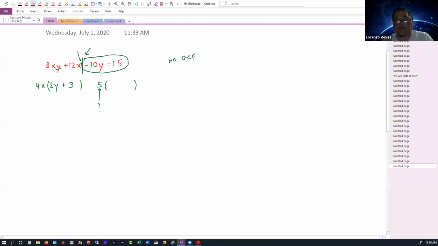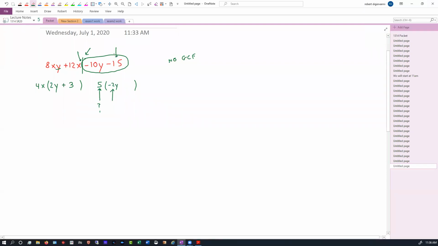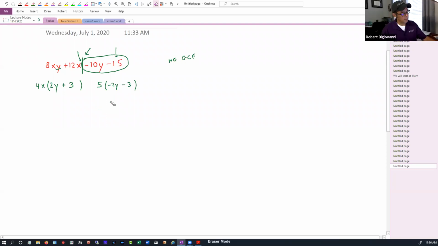What would you need in here in order to get back negative 10y? You'd need a negative 2y, wouldn't you? And then what would you need to get that negative 15? What would you have to multiply 5 by? Negative 3. Now, is that going to work?